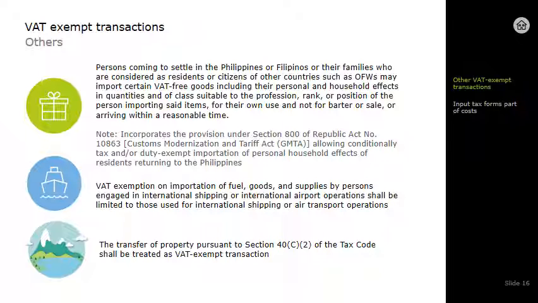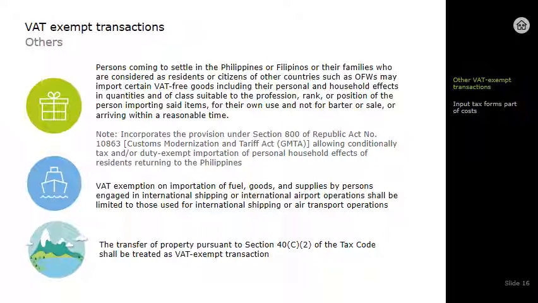Kumbaga, ito yung mga gamit nila nung nasa ibang bansa sila naninirahan, pagbalik na nila dito sa Pilipinas to reestablish their residency, they are exempt importation. Yan. Provided it qualifies din the exemption under the Tariff and Customs Code.